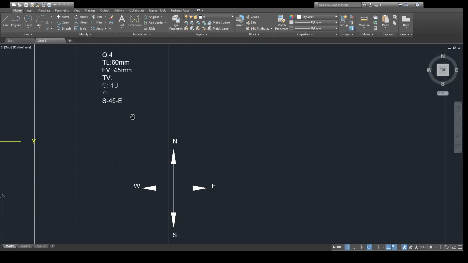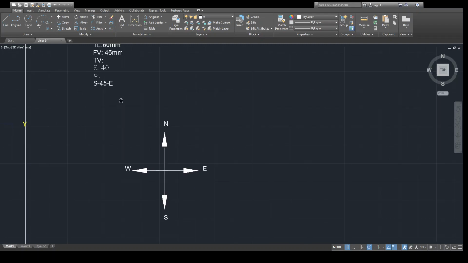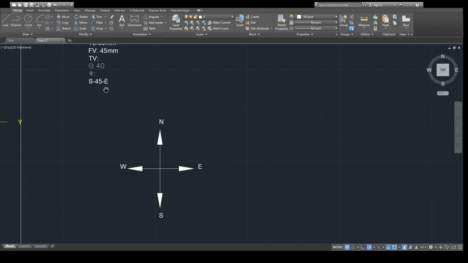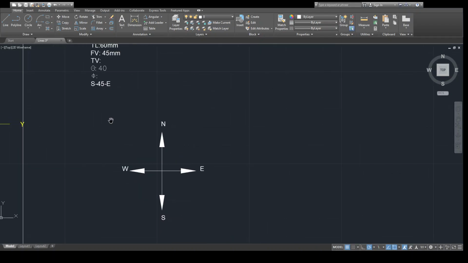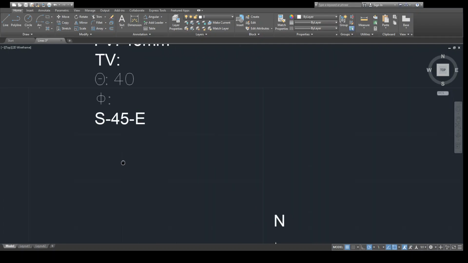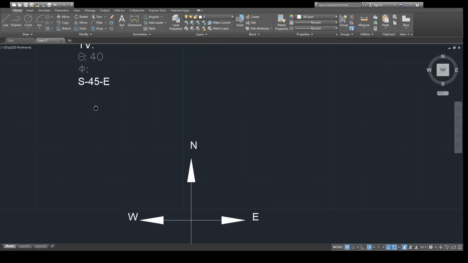But there are some varieties where instead of beta, we will use the notation bearing, that is S45E. It is the top view inclination of a line. The difference is beta and bearing are both the same. So beta, that is top view inclination, and bearing, this particular nomenclature S45E or S30E, whatever it may be, that nomenclature we call bearing.